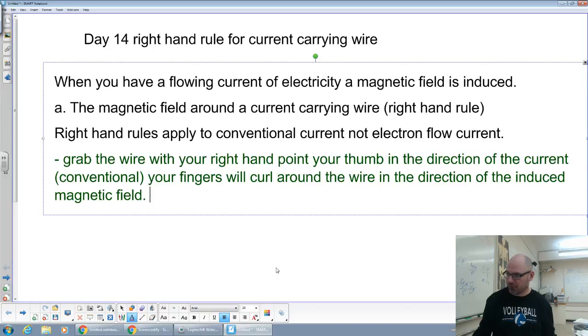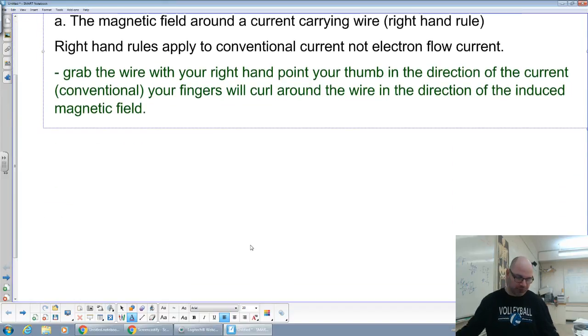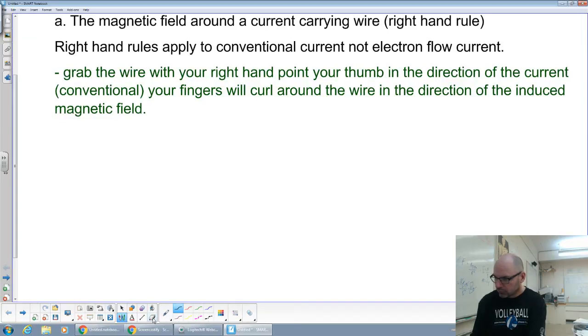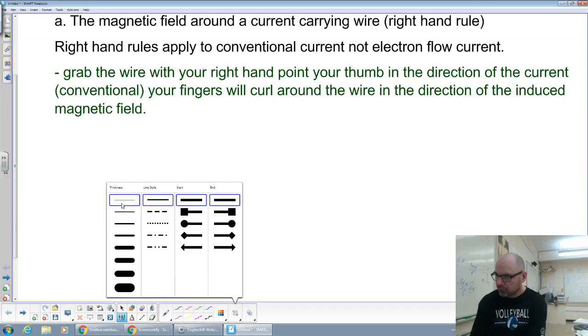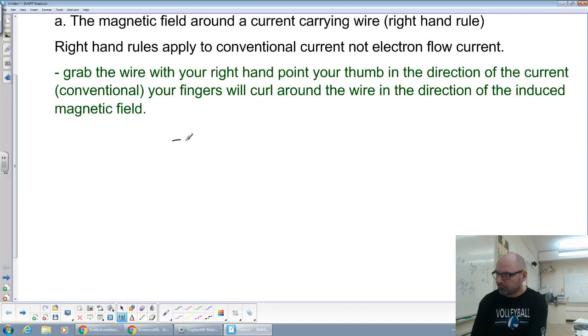Okay, so let's draw it out here. I'm going to draw a couple of pictures. If we have a wire, and let's say that the current is going this way.